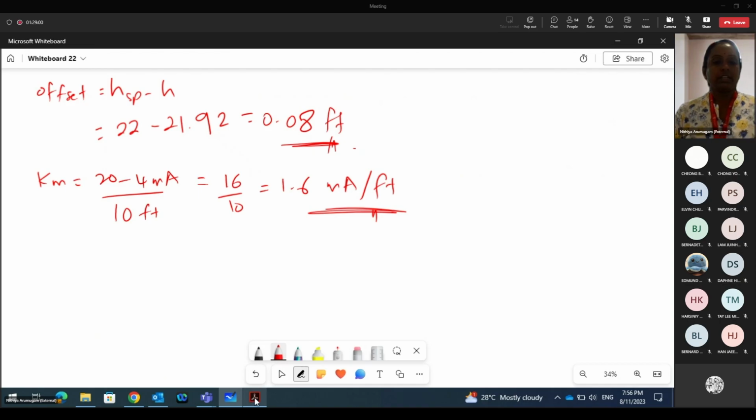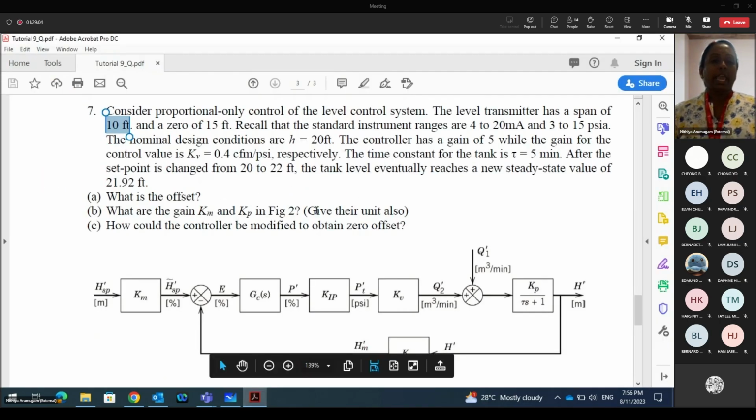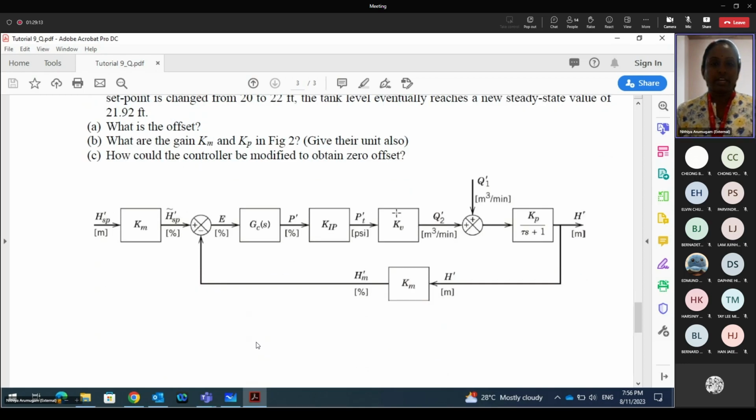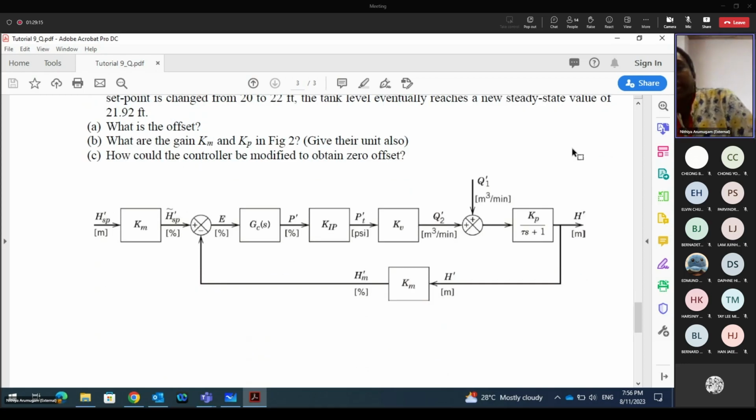All right. Next, we need to calculate the Kp. Where is the Kp in this diagram? Okay. All right. So the Kp in this diagram is in terms of Kp over tau s plus 1. So for us to get the Kp, we need to find what is our Kc, Kip, Kv, and all that. Okay.